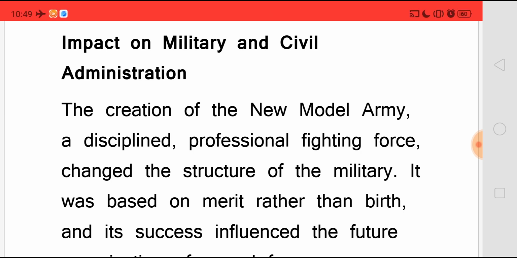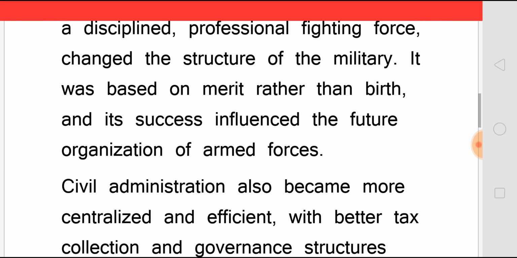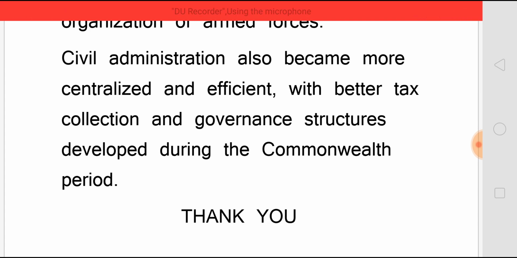Till then, people were selected in the army only based on their birth. But this was not considered merit, and they chose people only based on their merit, and this success influenced the future organization of armed forces. Civil administration also became more centralized and efficient, with better tax collection and governance structures which were developed during the Commonwealth period.